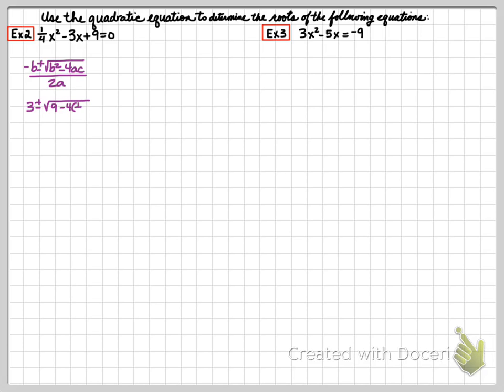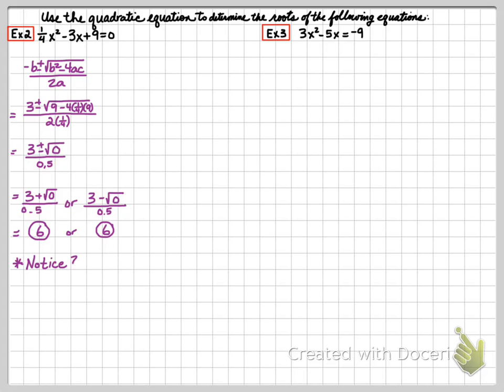When we apply the quadratic formula to the first, you're going to end up with positive 3 plus or minus the square root of 9 minus 4 times a, which is 1/4, times c, which is 9, over 2 times 1/4. And you're going to end up with 3 plus or minus the square root of 0. The square root of 0 is 0, so there's going to be two roots, 3 plus root 0 and 3 minus root 0, which both give you the same number, 6.